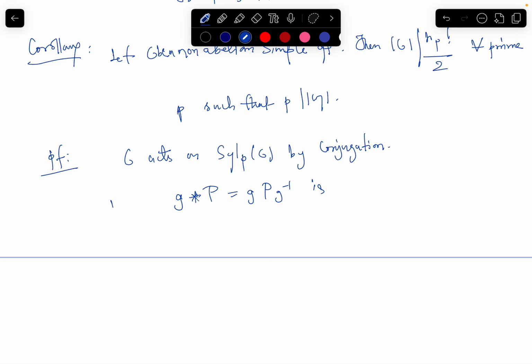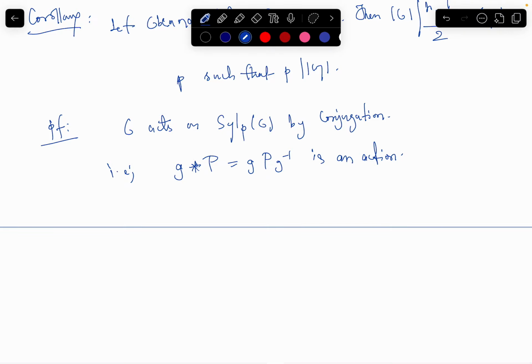So this is an action. There is a permutation representation for this action. That means there exists a homomorphism from G to the symmetric group of the Sylow P subgroups of G, right? And there are N_P Sylow P subgroups, so this is isomorphic to the symmetric group S_{N_P}, that means the symmetric group on N_P letters.